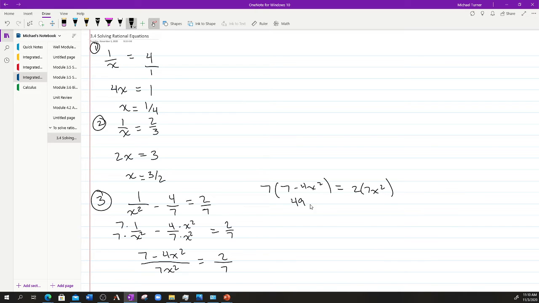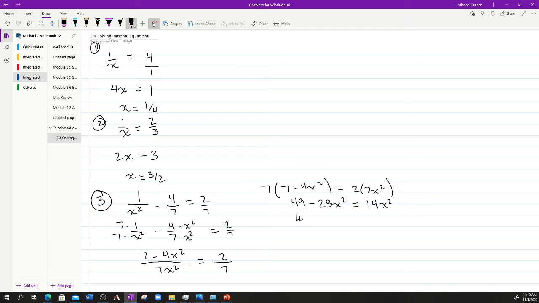We end up with 49 minus 28x squared equal to 14x squared. From here, I want to group all of my variable terms on one side. And because I don't have a b term, because I only have an x squared and a constant, I'm going to leave the constant on the other side.